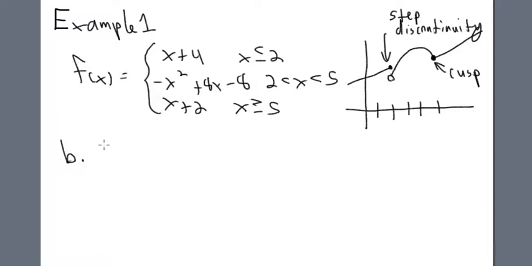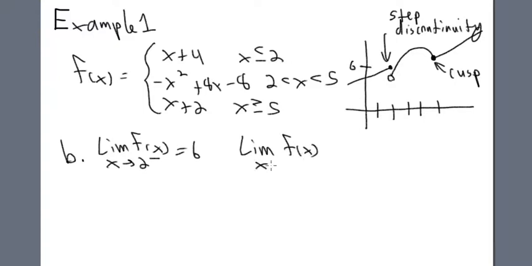So, limit of f of x as x approaches 2 from the left. As it approaches 2 from the left, you see it's right here. And if we look in the book, that's at 6. So it equals 6. However, the limit of f of x as x approaches 2 from the right is different because it's this spot, which in the book says it's at 5.